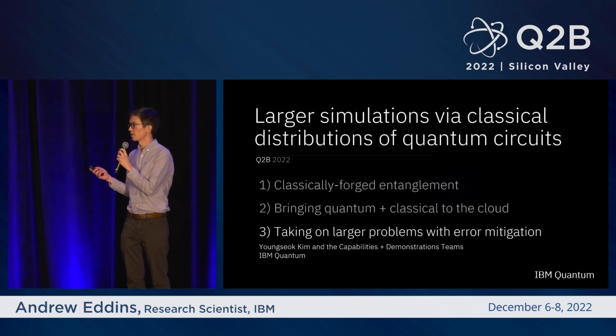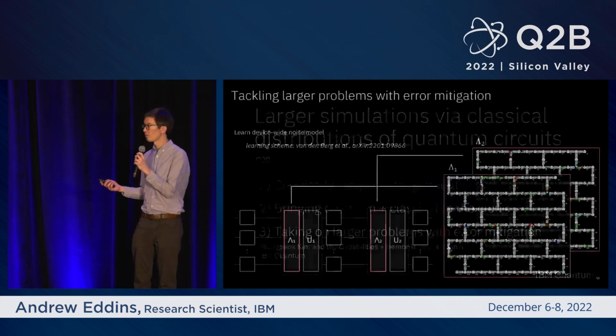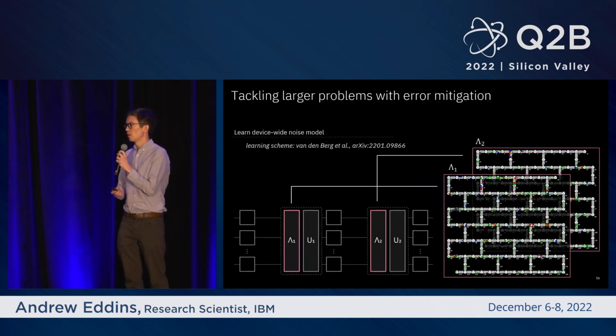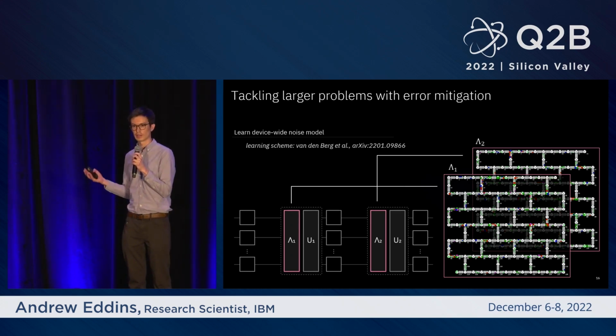All right, finally, a slightly different direction again. Now thinking about classical distributions of quantum circuits still, but using them instead for running error mitigation on larger problems. On our circuits, most of the errors occur in our multi-qubit entangling gates, so our CNOT layers.